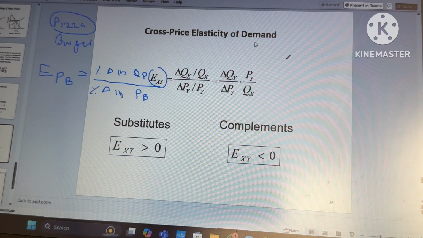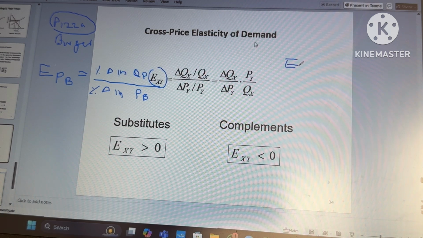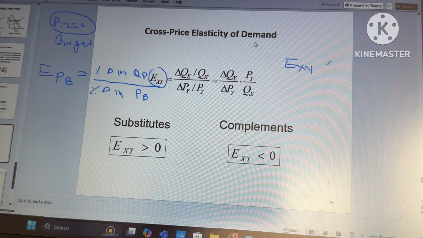So in this example, I put EXY. Our product is X demand.